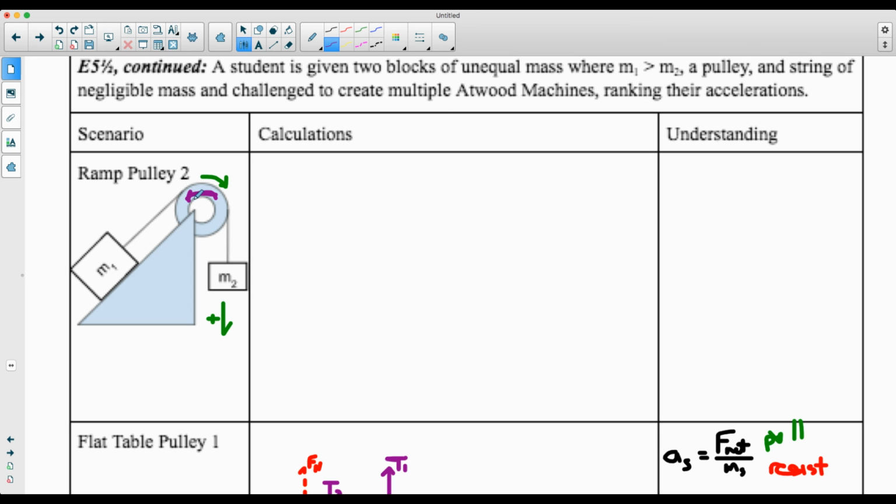And as we saw on the previous page, this pull is M2G, this pull is M1G sine theta. So that balance point where M2G equals M1G sine theta, that's the pull clockwise versus the pull counterclockwise. That's an interesting point because if one is greater, then it accelerates in that direction. If the other is greater, it accelerates in the other direction.